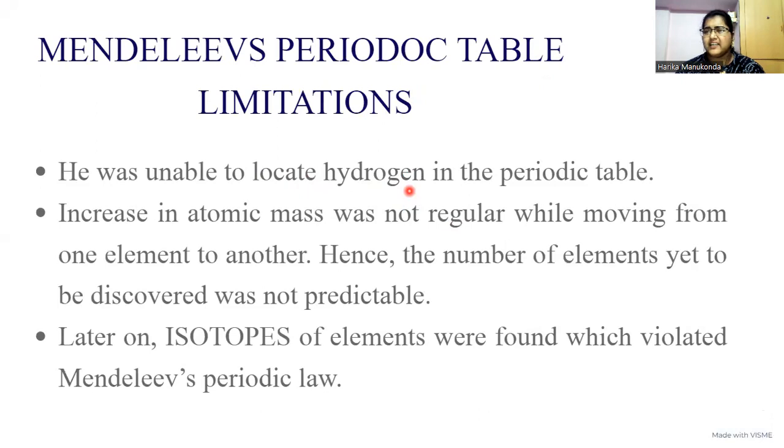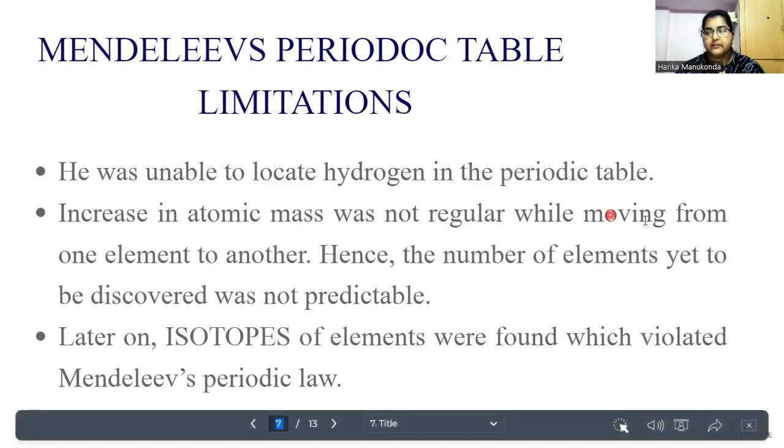As it contains only one electron, it behaves both like a halogen as well as an alkali. So it was very confusing for the scientists to place it, whether in the alkali group or in the halogen group.